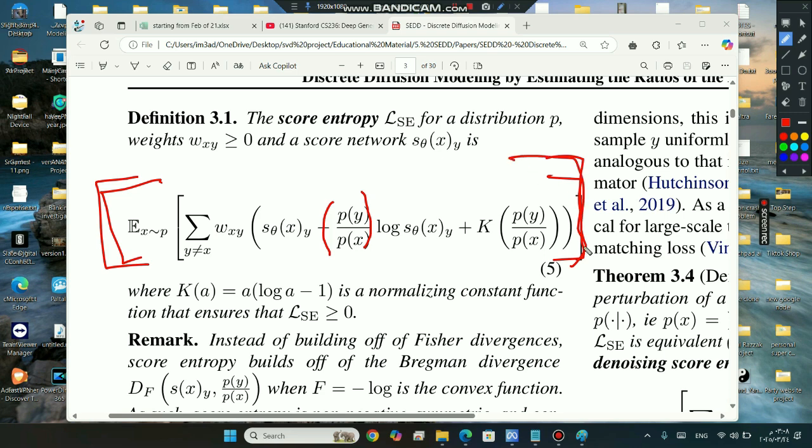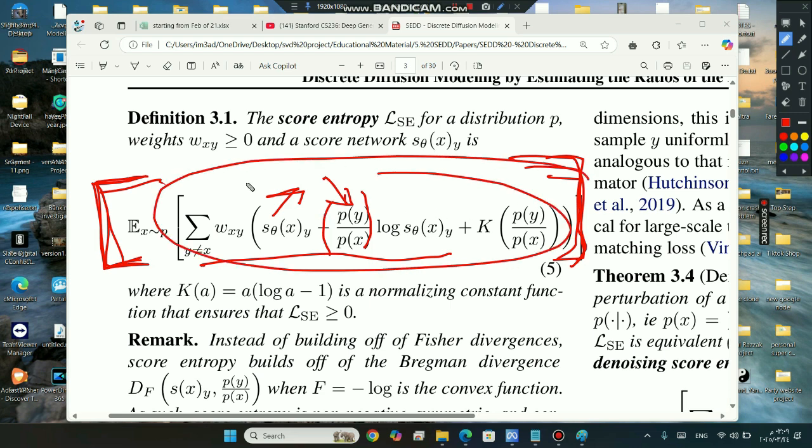This whole term, which is the loss function, is like the error which we are trying to eliminate. So it should go to zero if we are doing proper training. Once this model starts to equal those ratios, this whole term will go to zero. And I'll show you why.